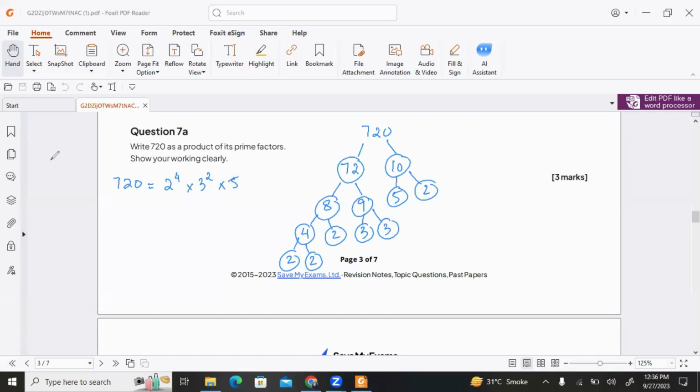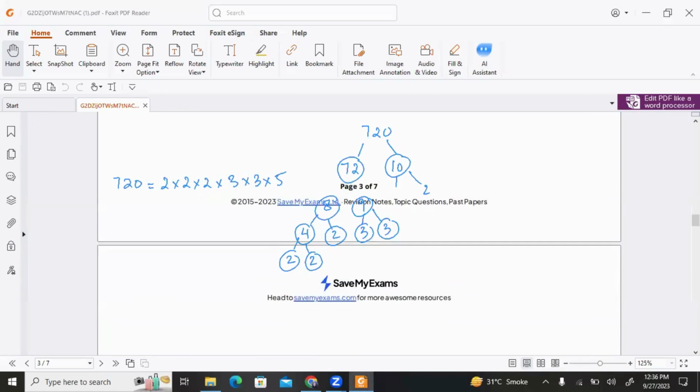But they want just a product, so we're going to write it as 2 times 2 times 2 times 2 times 3 times 3 times 5. Sorry, they didn't want the powers, so we write it as a product of factors. So now that we have the answer to 7a, let's move on to 7b.